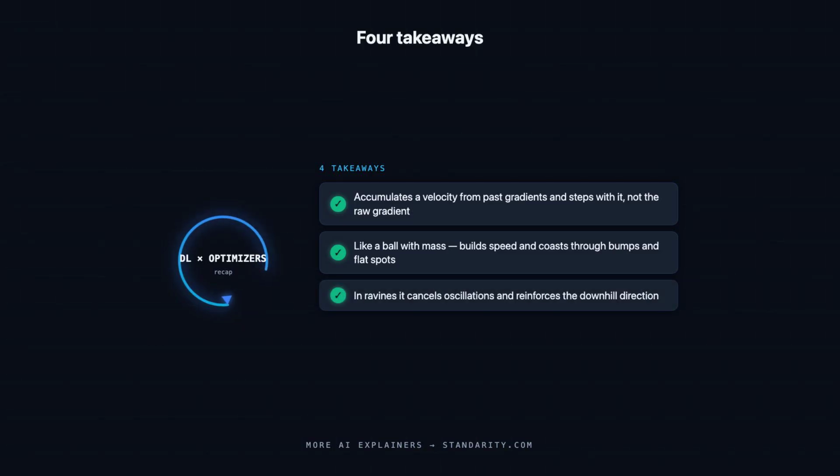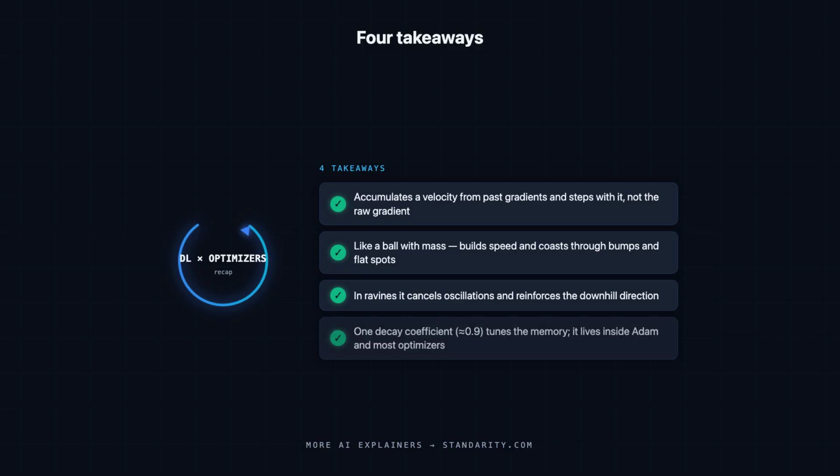In narrow ravines, it cancels the wild oscillations across the steep walls and reinforces the shallow downhill direction, so it converges dramatically faster than plain descent ever could. A single decay coefficient, usually around 0.9, tunes how much history to keep, and momentum lives inside virtually every modern optimizer, Adam included.